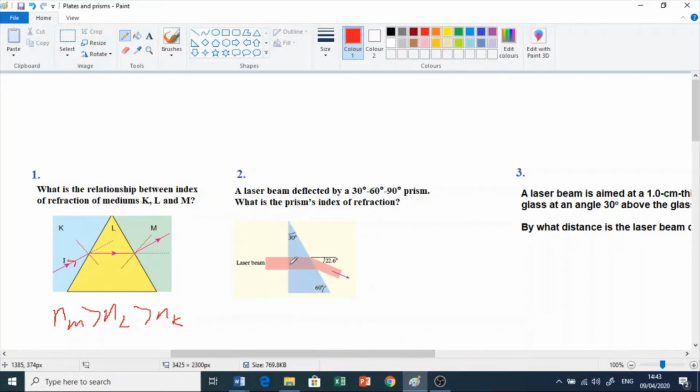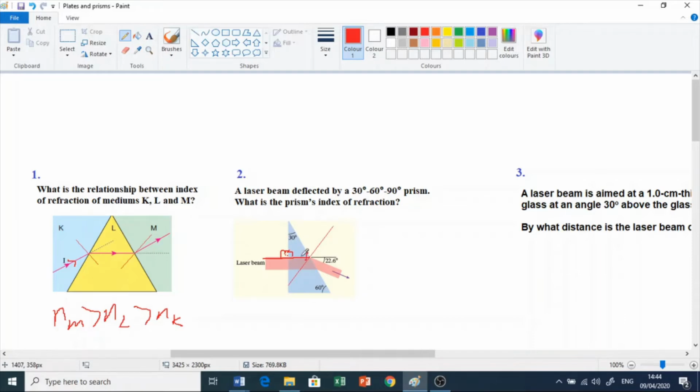Here, a light ray is incident on a prism, and this is 90 degrees. That's why it will not deflect, and it will not refract, and it will come to this surface. So from this surface, let's write Snell's law for this surface. Initially, I need to draw the normal again. Okay, so this is 90 degrees, this is 30 degrees.